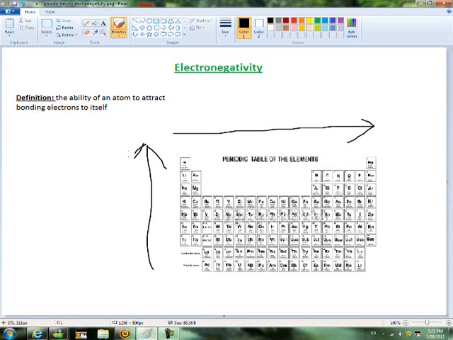So it's the same as electron affinity and first ionization energy. For example, francium will be less electronegative than lithium, and chlorine would be more electronegative than something like aluminum.